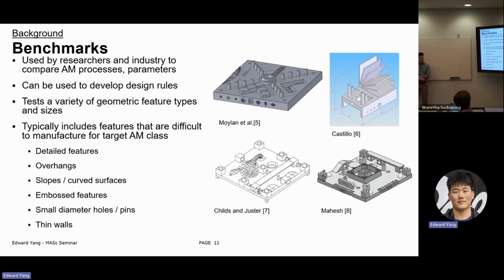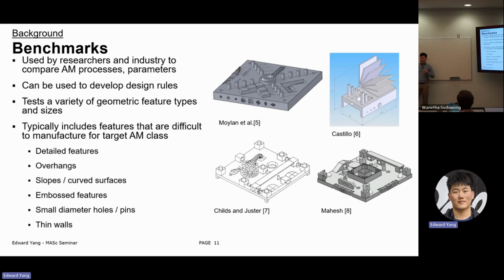So how do we go about developing these design rules and design guides? One way is using benchmark parts. So benchmark parts have been used in the past to compare different additive manufacturing processes against each other, and they can also be used to develop design rules. They typically are designed to have a variety of different geometric features and sizes on them, and they're typically targeting types of features that are difficult to manufacture for an additive manufacturing technology.